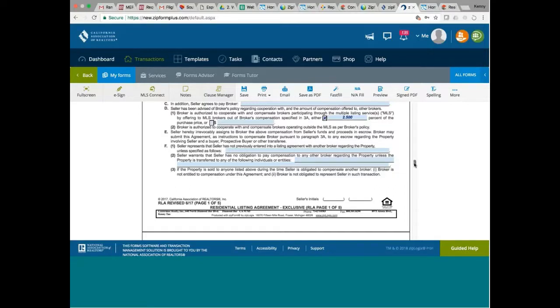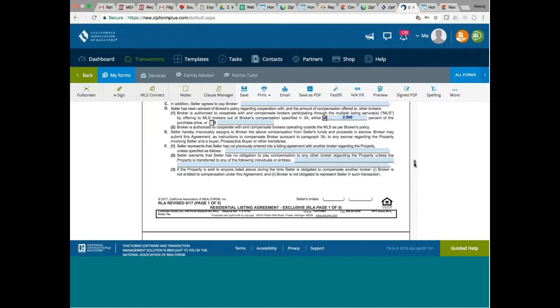This applies to a situation where there was a prior listing and there was a buyer that has seen the property during the safety period, and then the prior listing expired and you took over.